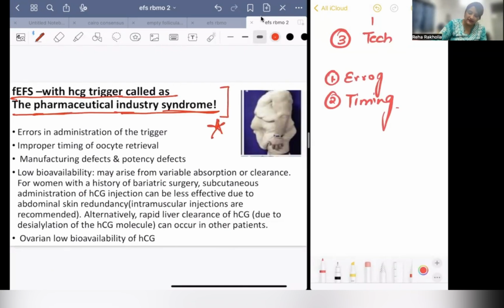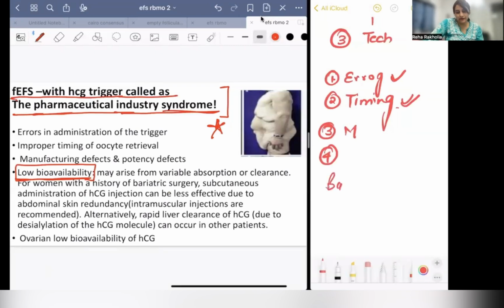This is given in Kamni Rao. So either error in administration, or timing is improper, some manufacturer defect is there, or there is low bioavailability of the drug. How can there be low bioavailability? Either bariatric surgery.